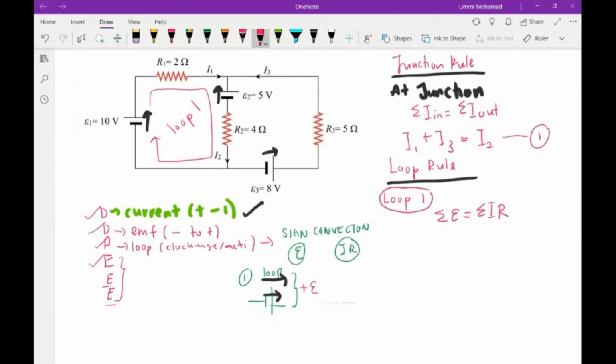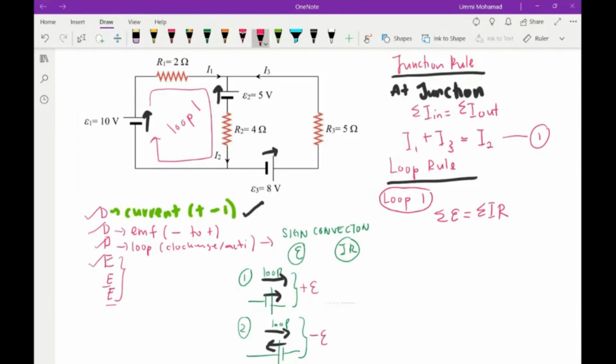But in the opposite case, if our direction of loop is opposite to direction of EMF, then E is going to be negative.